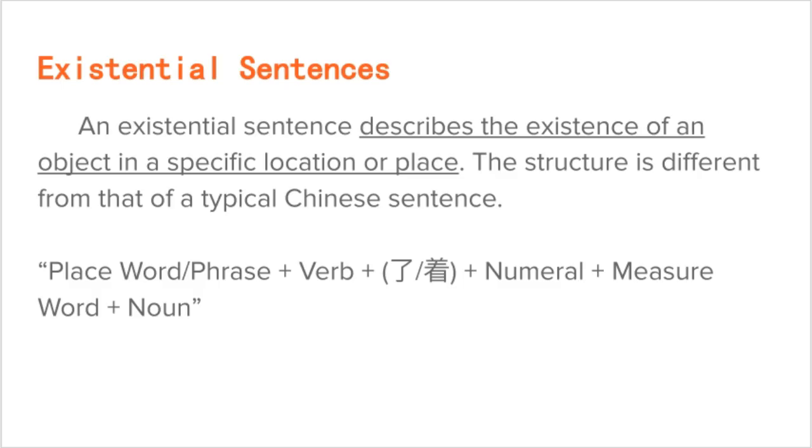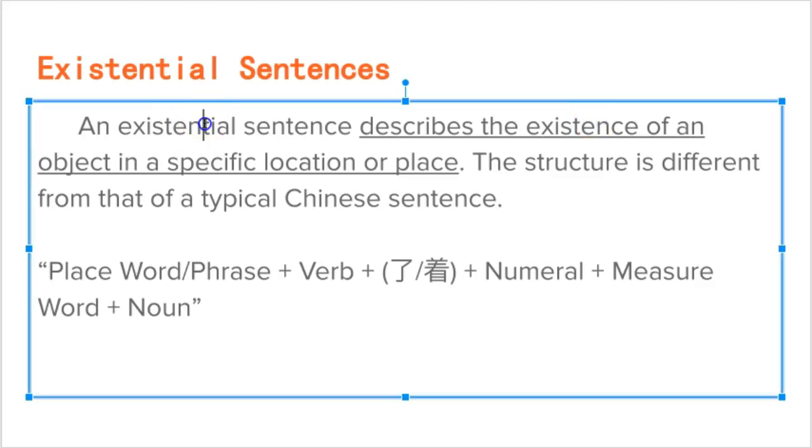So an existential sentence is a specific structure that's used to describe the existence, thus existential, the existence of an object in a specific place. It's kind of like if I say on the desk there is a pen, or on the desk is lying a pen.